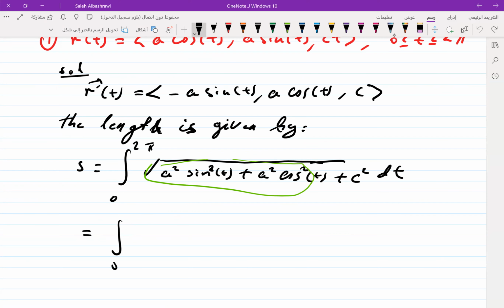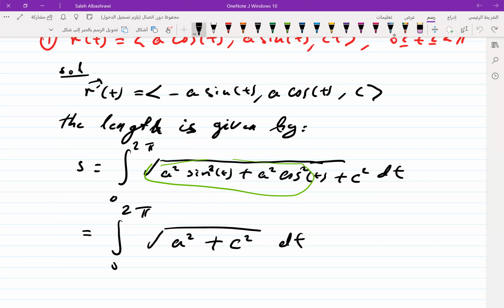This is 0 to 2 pi integration of the square root of a squared plus c squared dt. Take a squared as a common factor for the first two terms. I will have sine squared plus cosine squared, which is equal to 1. So the remaining will be a squared plus c squared.